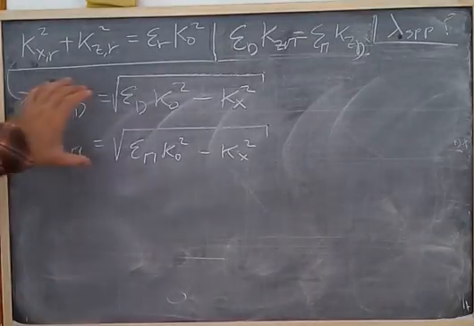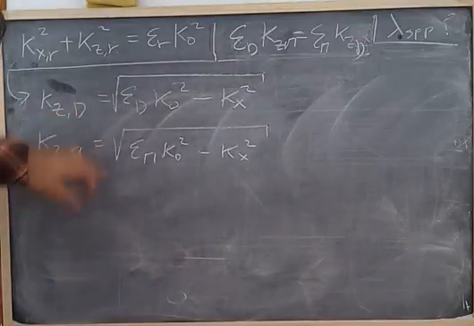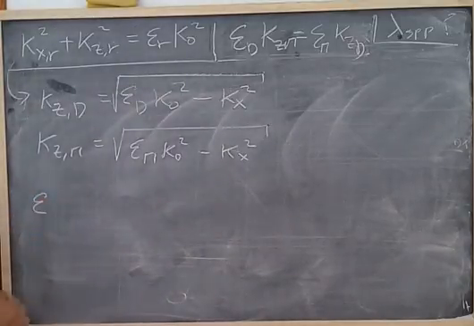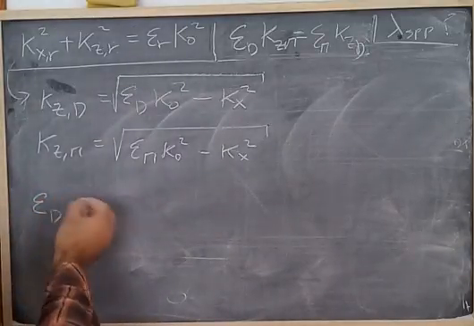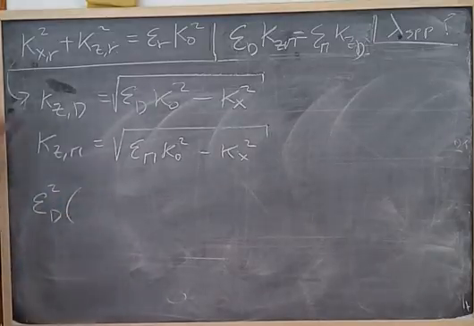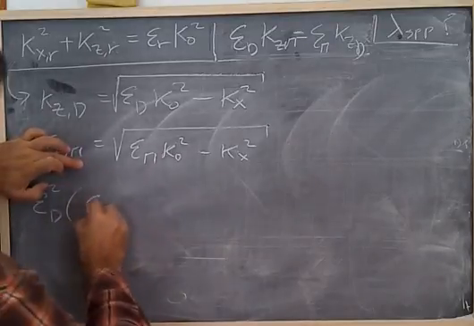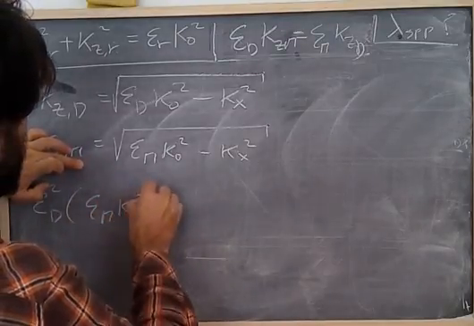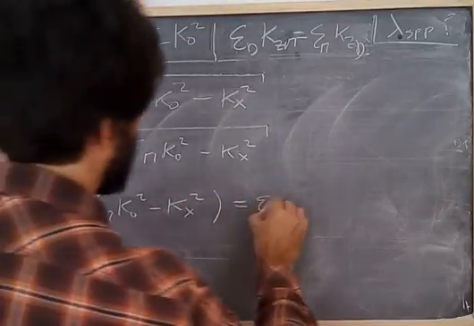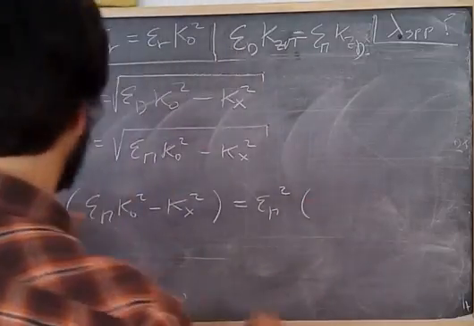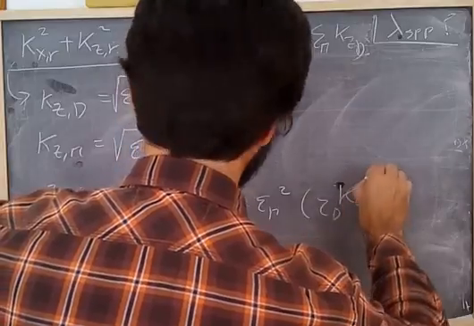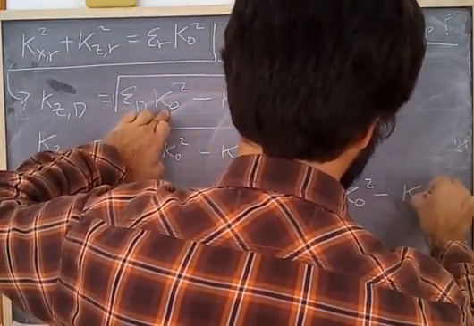If we use this in the relation, we have epsilon d squared times (epsilon m k0 squared minus kx squared) equal to epsilon metal squared times (epsilon dielectric k0 squared minus kx squared).